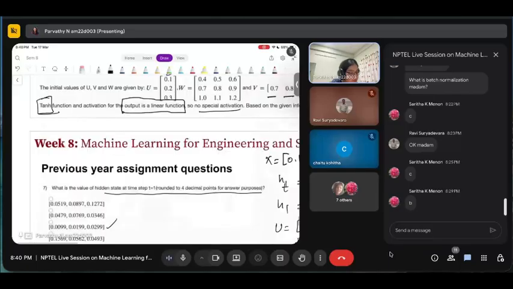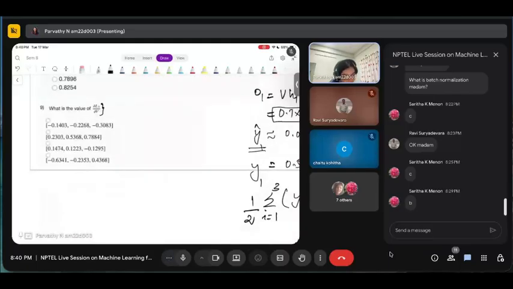So that divided by V. So dou L3 by dou V is equal to dou L3 by dou O3 into dou O3 divided by dou V. Now O3 we know is just H3 into V, right? So when you take the derivative of this with respect to V, we get only H3.